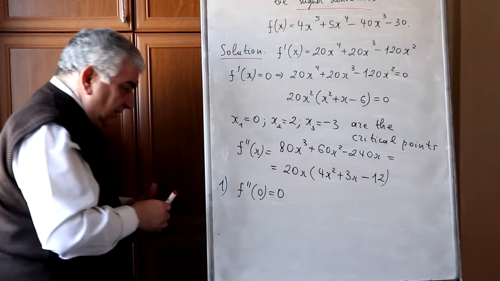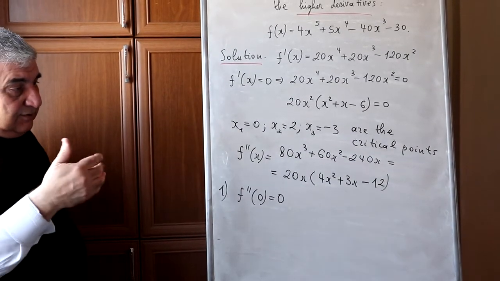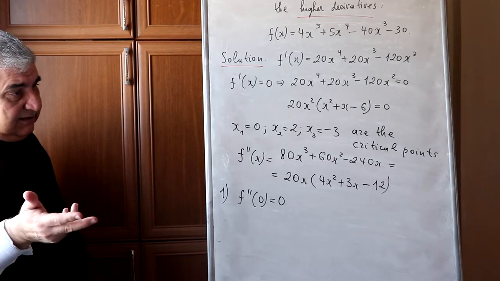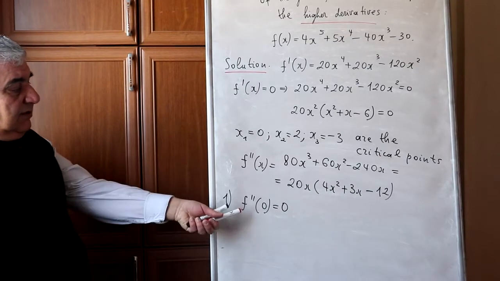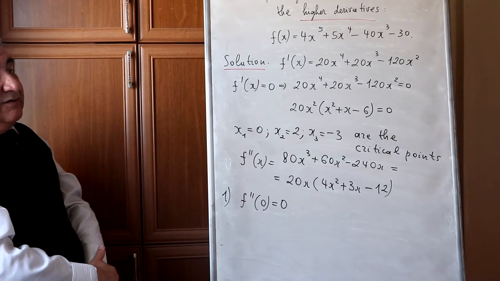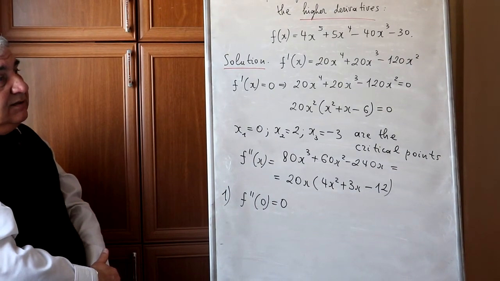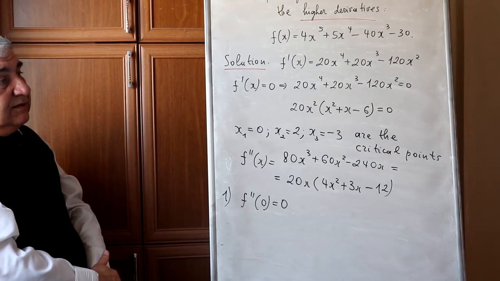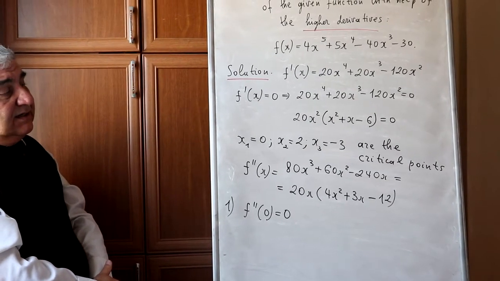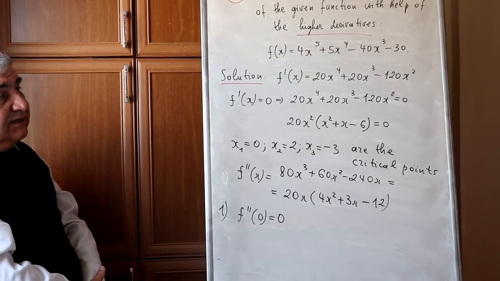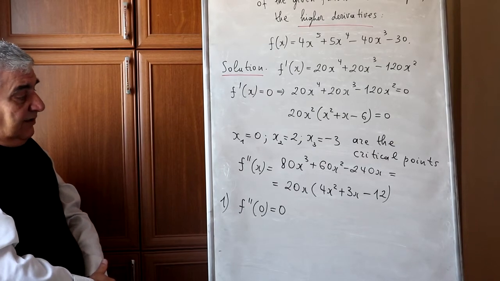It means we must continue the corresponding process and find the third derivative, because the second derivative is 0, and we must find derivatives until obtaining non-zero derivative.